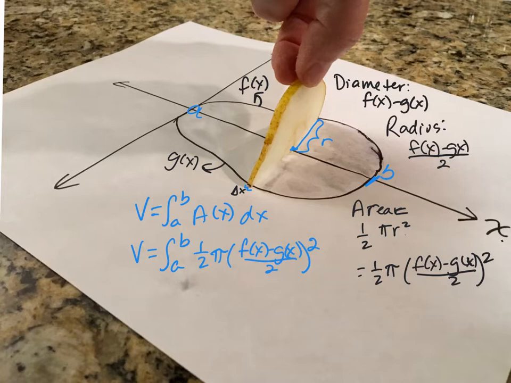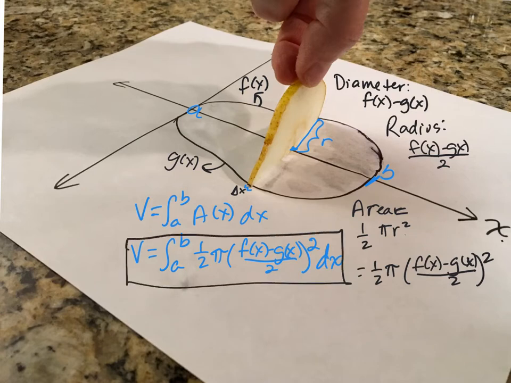And then don't forget your dx. Remember, the dx represents this distance from one base to another. If we were given these function values, f of x and g of x, we could actually find the volume. But in general, I just wanted you to see this setup. Let me put a box around that. That's how we would find the volume of half of a pear.